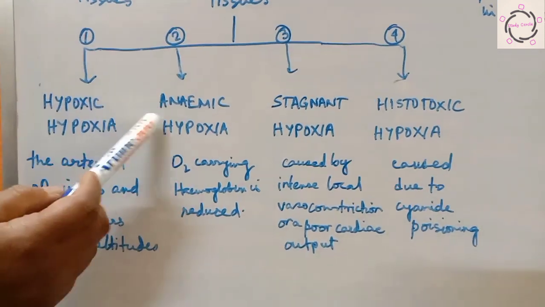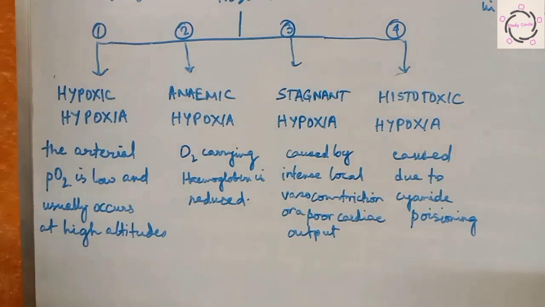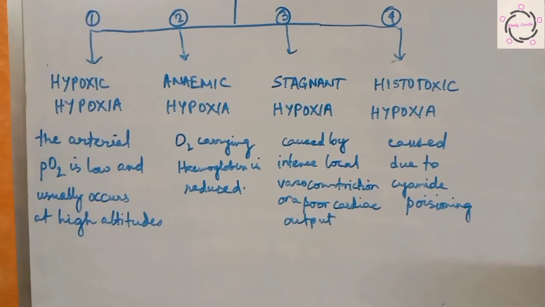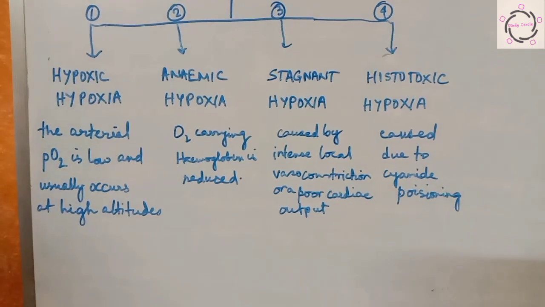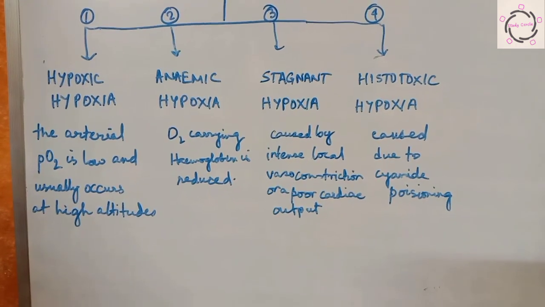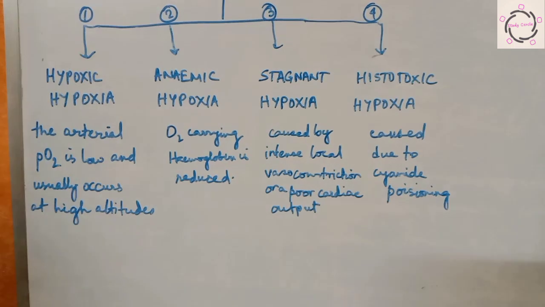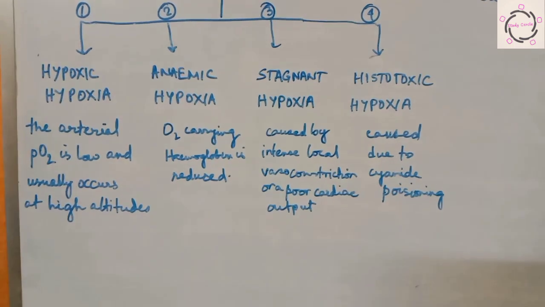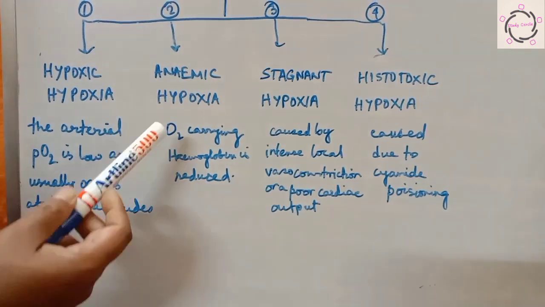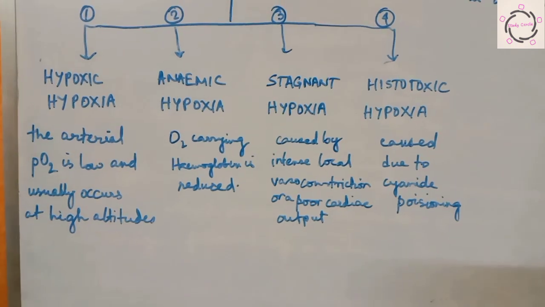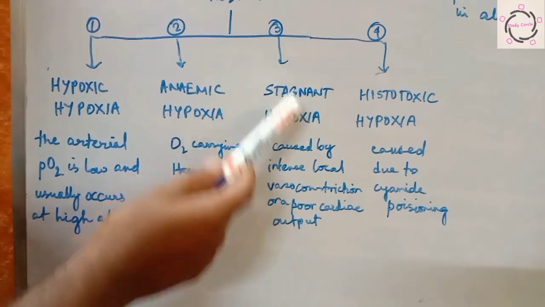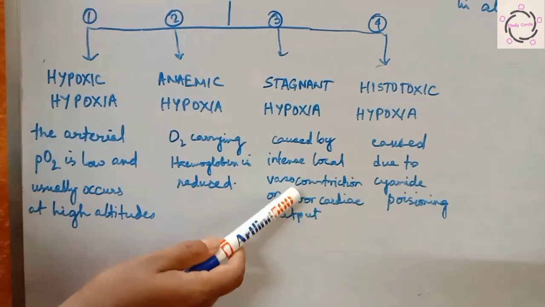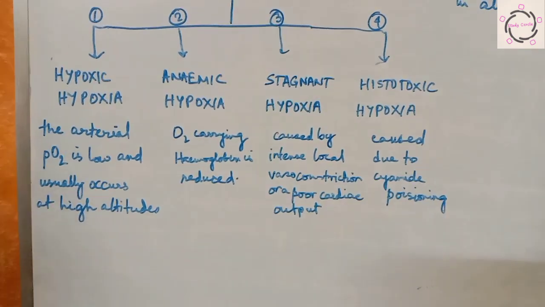Now next is anemic hypoxia, in which oxygen carrying hemoglobin is reduced. Oxygen combines with hemoglobin to form oxyhemoglobin, and that is reduced, so it causes anemic hypoxia. Then the stagnant hypoxia, number 3, which is caused by intense local vasoconstriction.